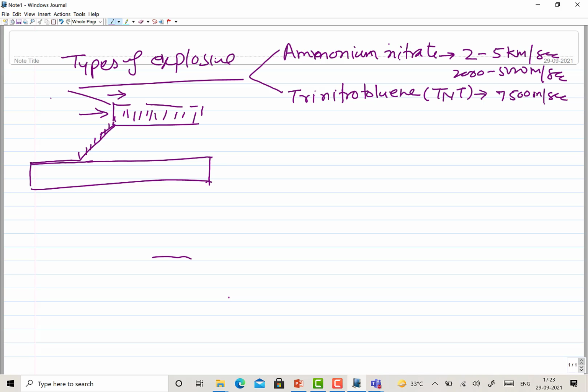The second aspect is the amount of explosive being used, and the section thickness of the flyer plates. If the flyer plate which is moving is very rigid, very hard, with less ductility and more section thickness, it will not be bending fast.